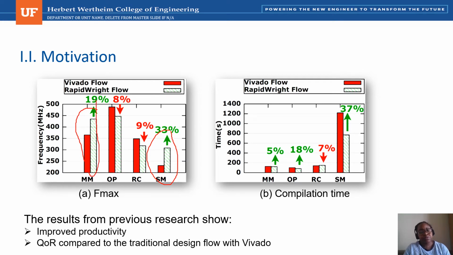The matrix multiplication is also usually used to implement a convolution. As you can see, in both cases the pre-implemented flow achieved better performance when compared to the traditional flow with Vivado. We achieve more than 33% higher frequency and 37% less compilation time.